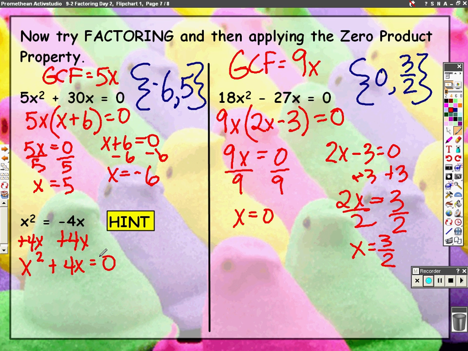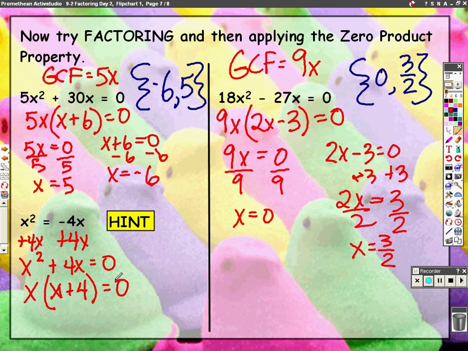Now this looks exactly like the problems that we've solved. I'm going to find the greatest common factor of x squared and 4x, and that would be x. So I pull x out front, and then I divide each of the terms by x, and I end up with x plus 4. So my equation then is x times the quantity x plus 4 equals 0.